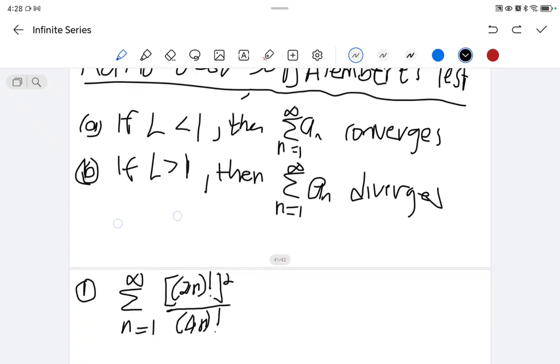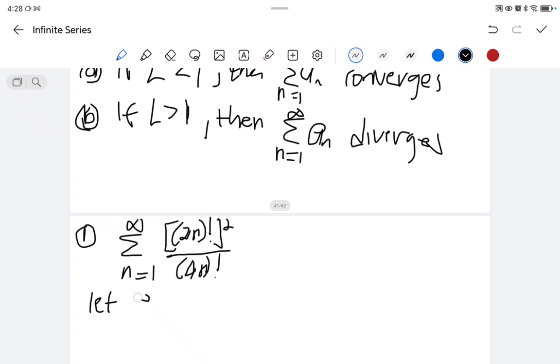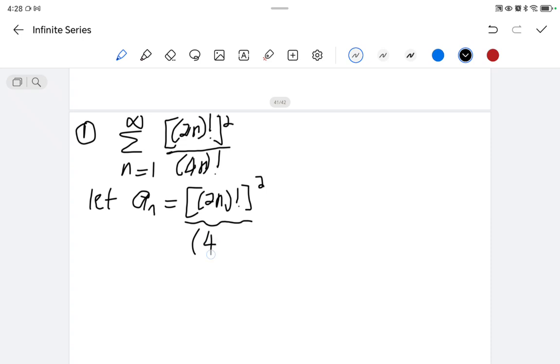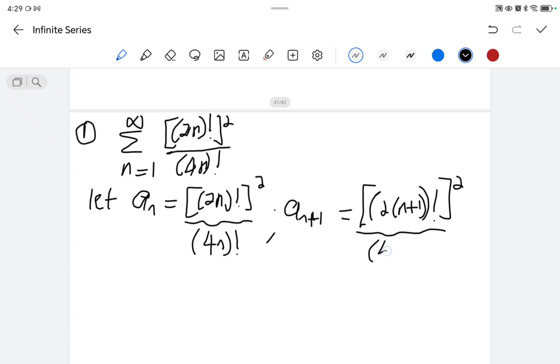So for the ratio test, we need to let a of n be equal to this, and then we have our a of n plus 1, which will be (2n+2)! squared over (4n+4)!.